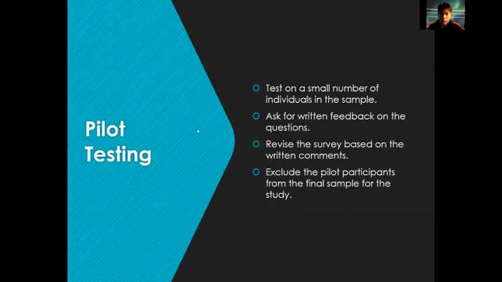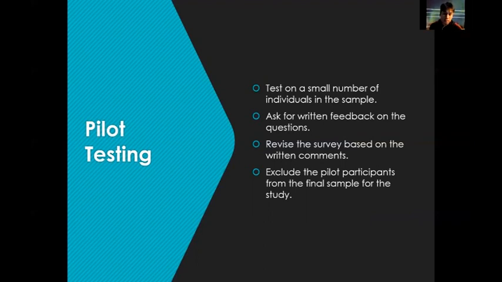All right, once we have developed our questionnaire, our instrument, before we distribute it to the samples or respondents, we need to test our instrument. We call it pilot testing. Pilot testing is a test on a small number of individuals in the sample, asking for written feedback on the questions.